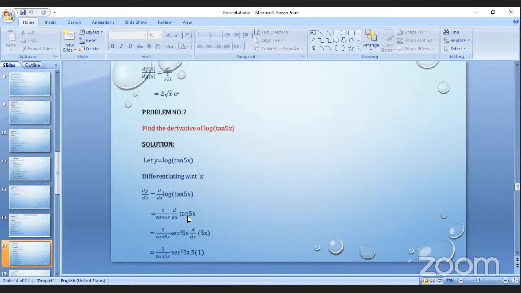We know that d by dx of tan x is secant square x. But here d by dx of tan 5x is there, so 5x is treated as x.